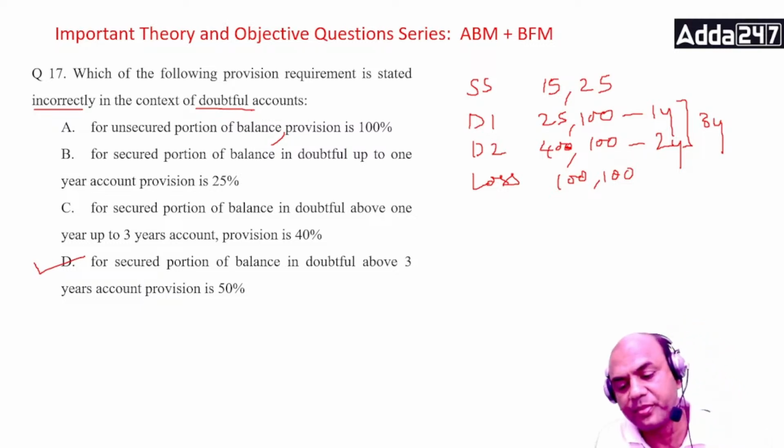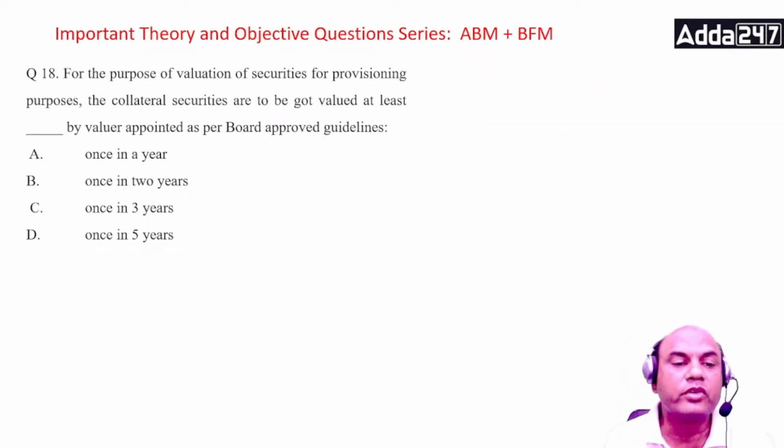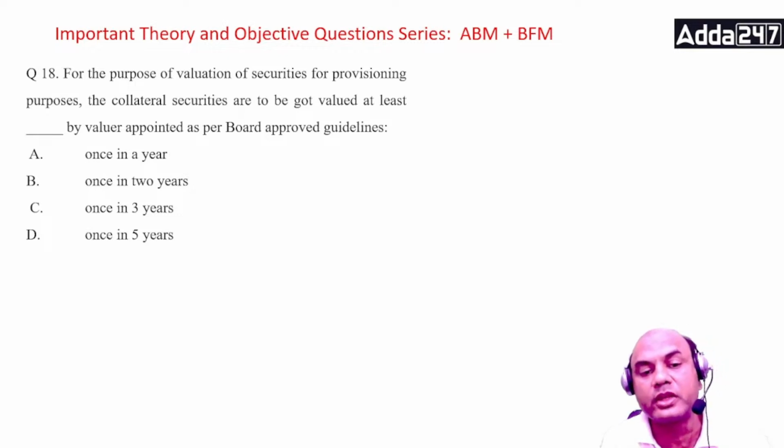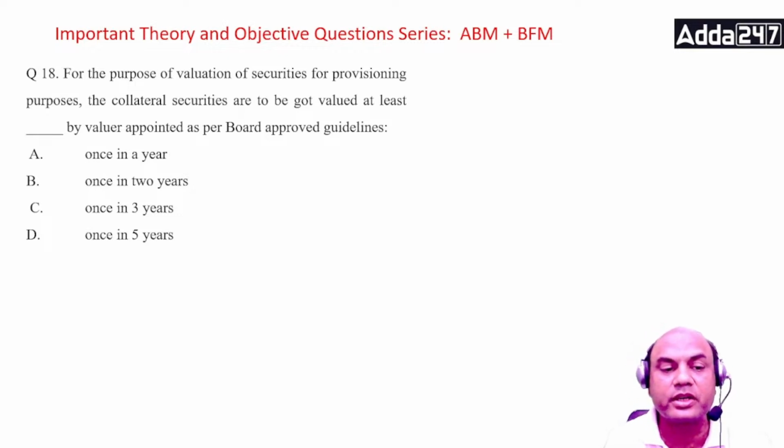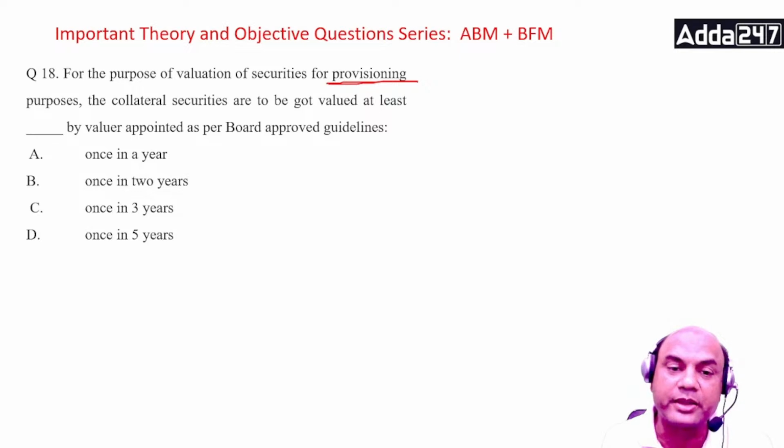Next one. For the purpose of valuation of securities for provisioning purposes, the collateral securities are to be valued at least dash by the valuer appointed as per board approved guidelines. What do you mean by provisioning? Provisioning means whenever we do secured or unsecured provisioning for NPA loans.